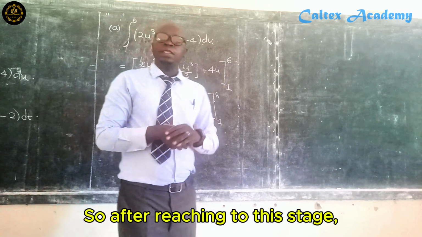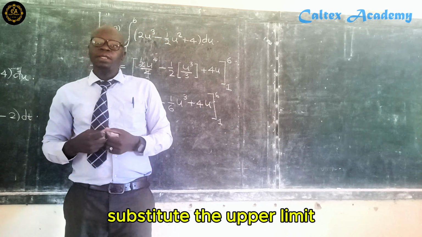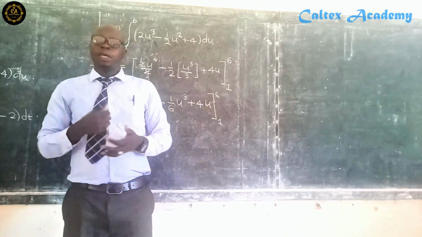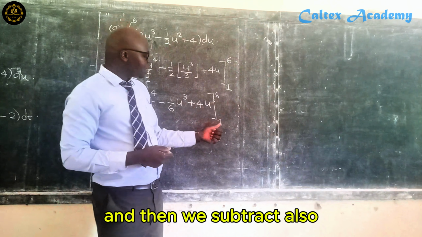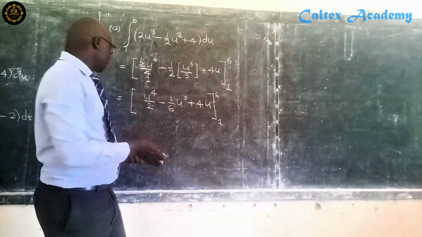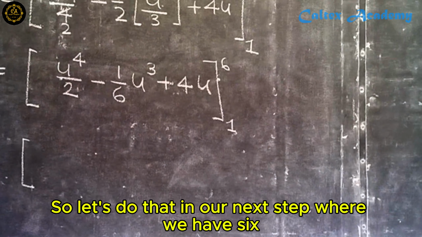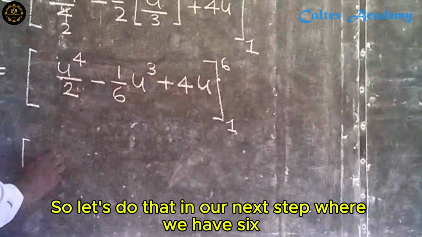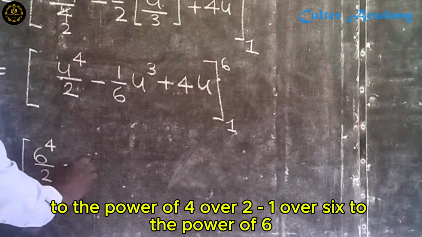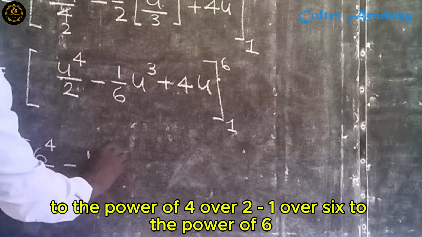After reaching this stage, the next thing we can do here is to substitute the upper limit for all these variables u, and then we subtract the result of substituting the lower limit in the same places. So let's do that in our next step, where we have 6 to the power of 4 over 2 minus 1 over 6 times 6 to the power of 3 plus 4 times 6.